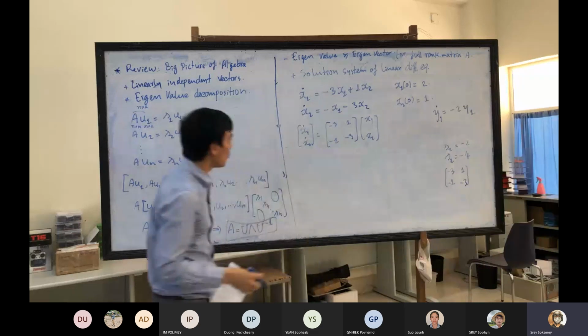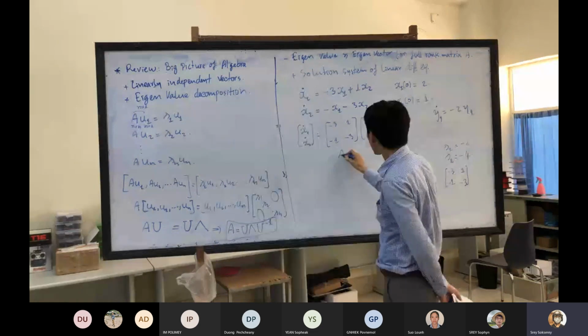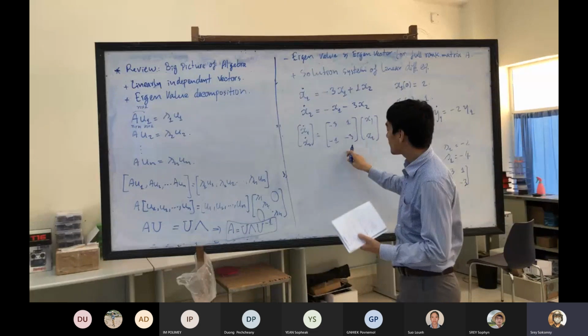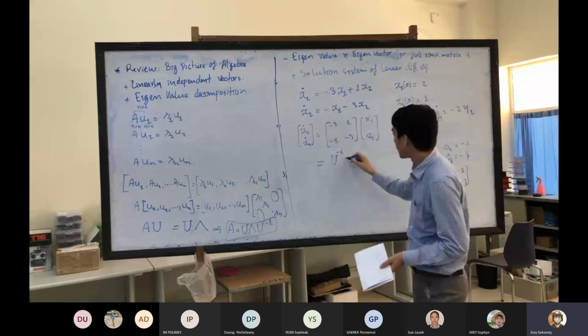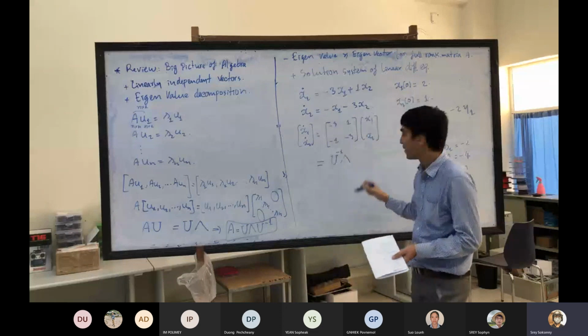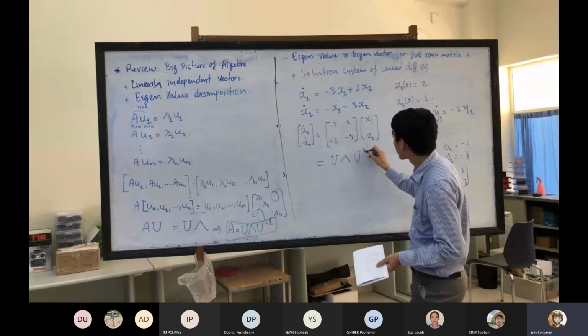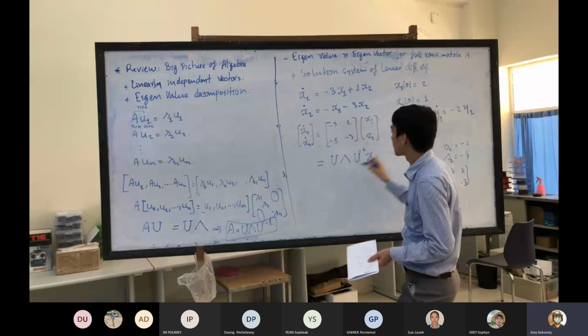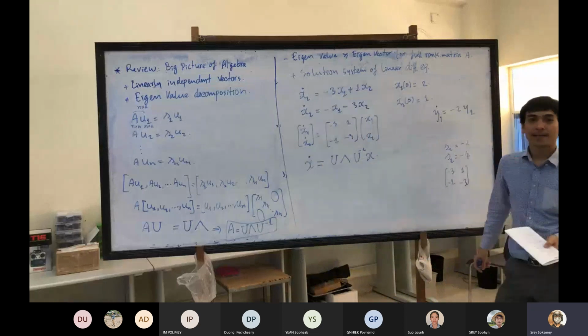So how? Let this matrix A. So if I substitute A by U lambda U inverse, then here x dot equals this.